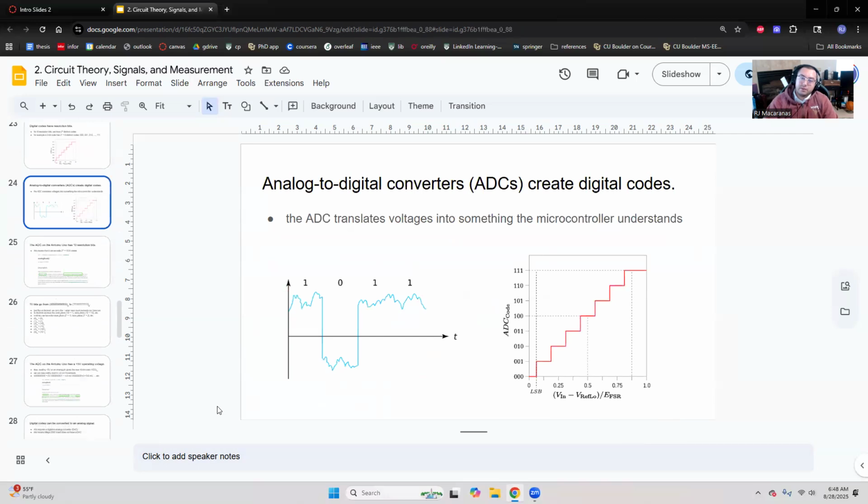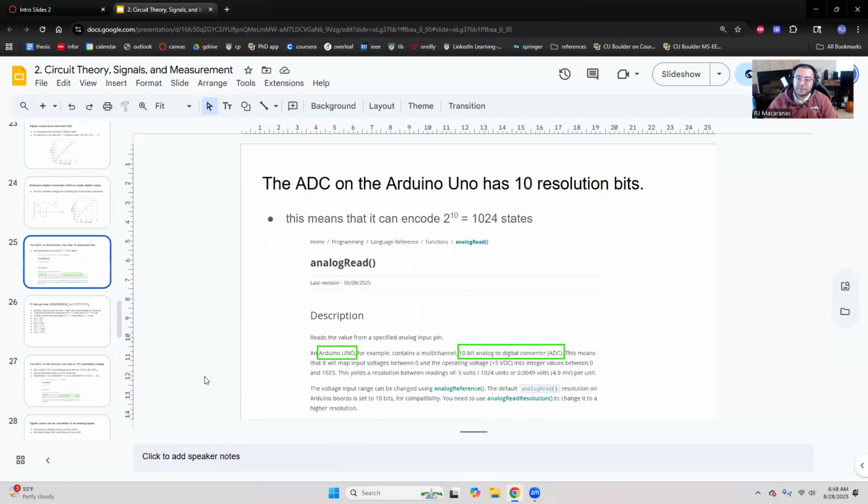Analog to digital converters create these digital codes. The microcontroller doesn't exactly speak in terms of random floating voltages, so it needs a way to look at that voltage and say, okay, computer, here's what we're looking at. It does this using the analog to digital converter. The ADC on the Uno has 10 resolution bits.